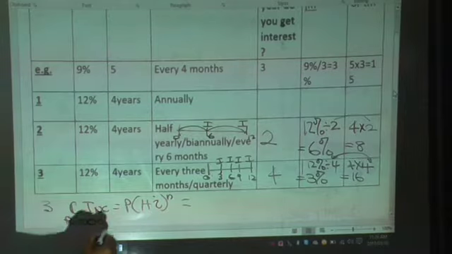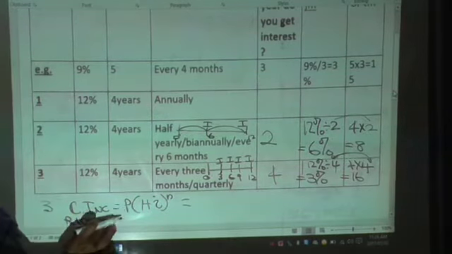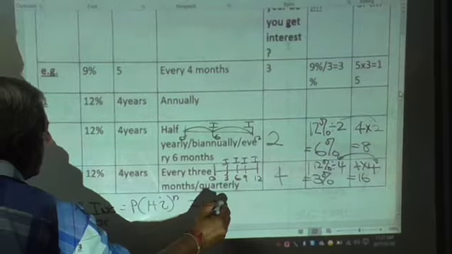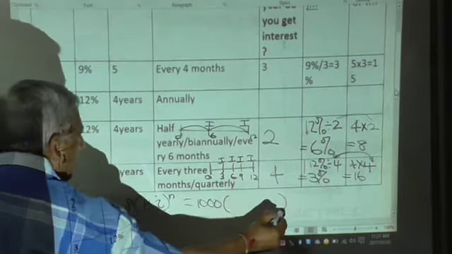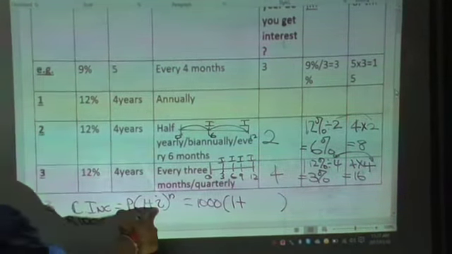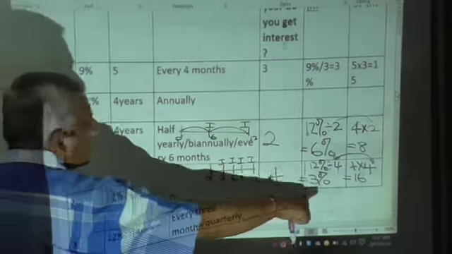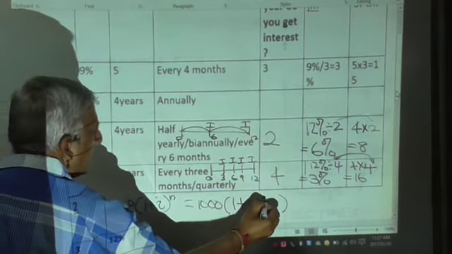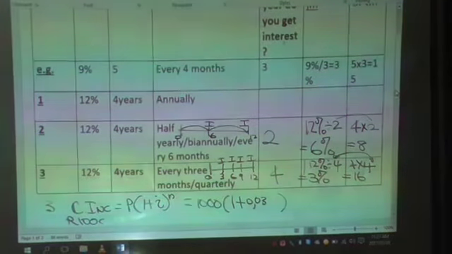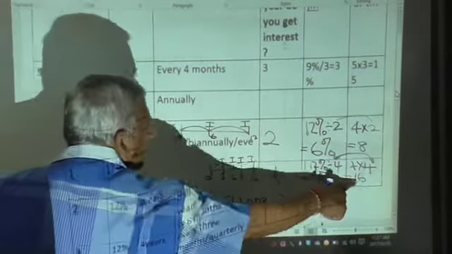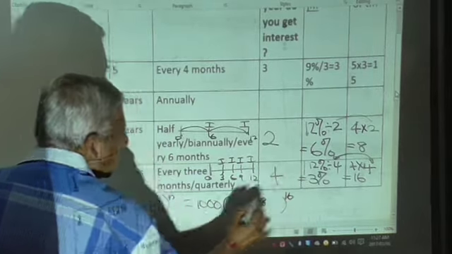So it will be 1,000 into 1 plus i. Now be careful, the i that I must use is 3%. 3% is 0,03. And the n that I must use is 16.